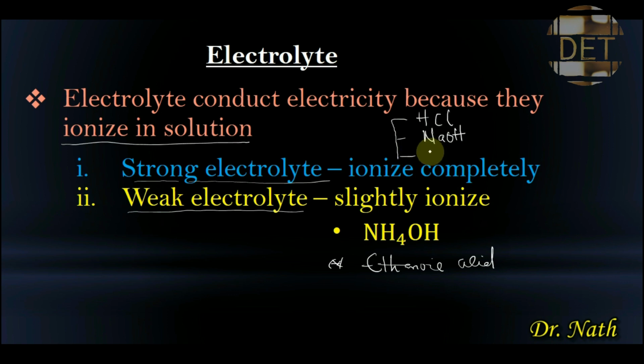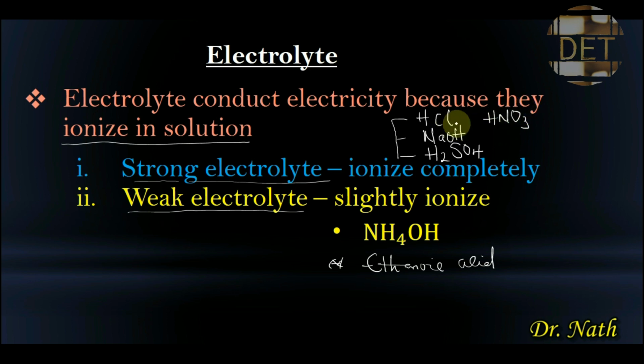Then we have tetraoxosulfate(VI) acid, H2SO4. Tetraoxosulfate(VI) acid is also an example of a strong electrolyte because it dissociates completely in solution. Then we have trioxonitrate(V) acid, HNO3, which is also a strong electrolyte because it ionizes completely in solution.